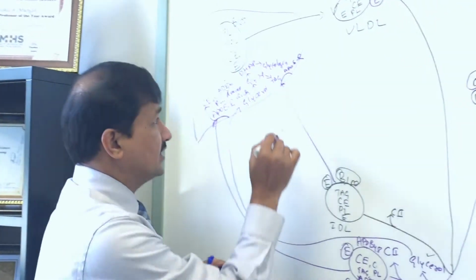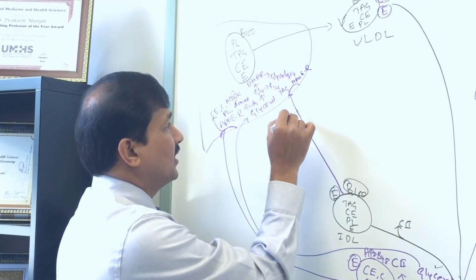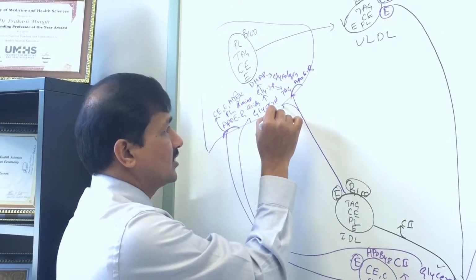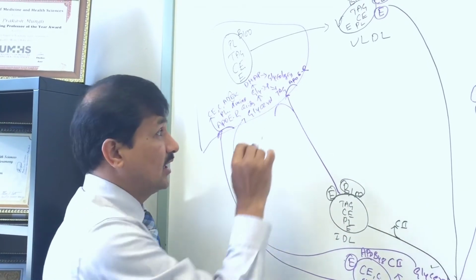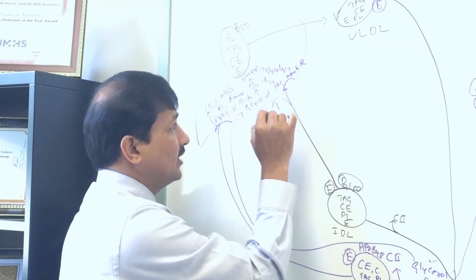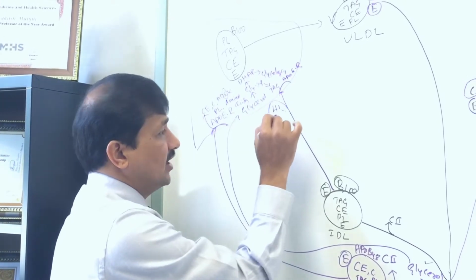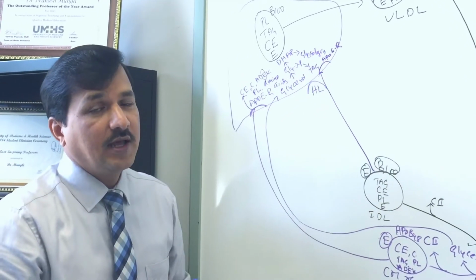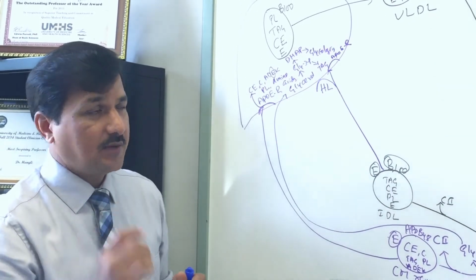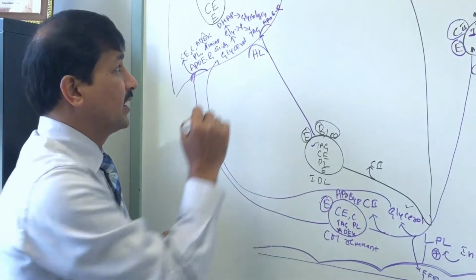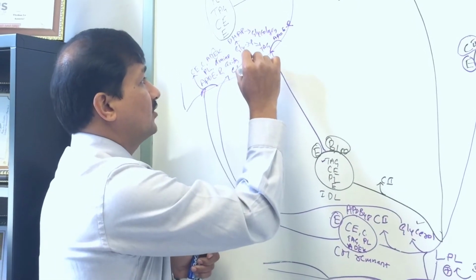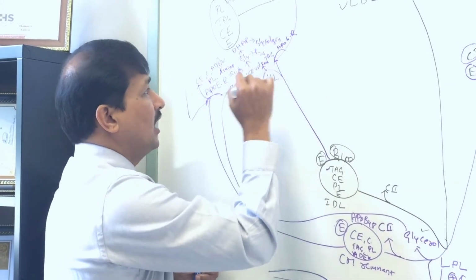Another fate of IDL is it can pass through the sinusoids of the hepatocyte. Over the membrane of the hepatocyte, we have an enzyme called hepatic lipase. I'll write that as HL, for hepatic lipase. What this hepatic lipase does is it is going to degrade the triacylglycerol into free fatty acids and glycerol.